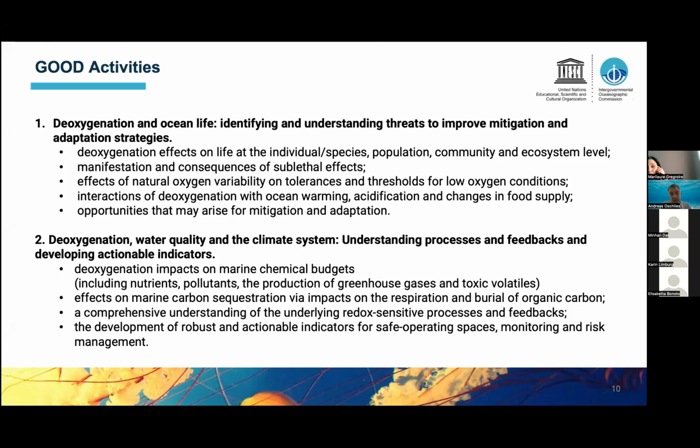Could be eutrophication, could also be fishery impacts that change ecosystems from both ends, lower end and the top end. And all this will impact the resilience and the ability of ecosystems to adapt and cope with changes in oxygen. The second activity is to understand the processes.